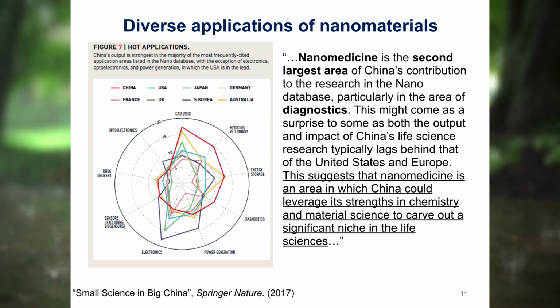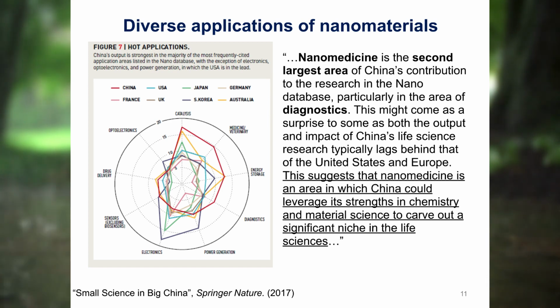But the point I want to copy in direct relation to this lecture is that it's very funny how this is actually from the editors. They were saying China is picking up in the ability to actually control the synthesis of these architectures. They have different ways to do it. But this might come as a surprise to some because China's life science, that is biological research output, like if you're from SLS or SBS, they kind of lag behind compared to the other parts of the world.